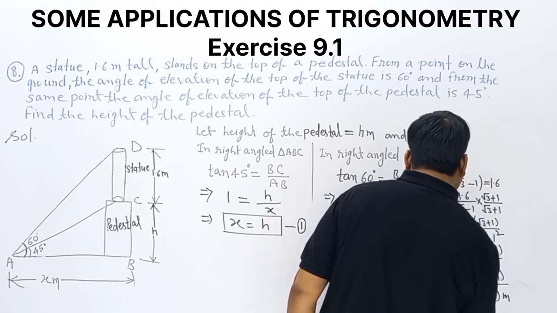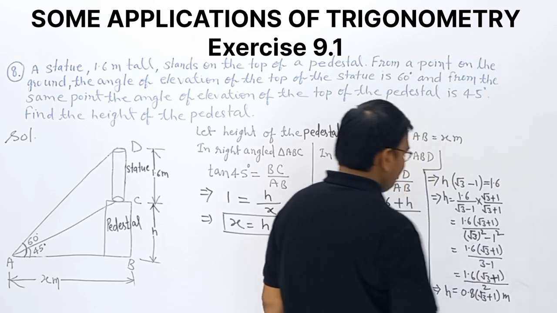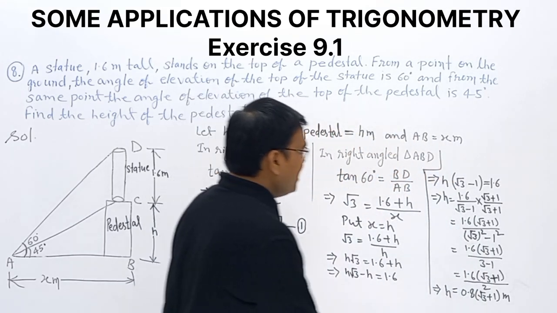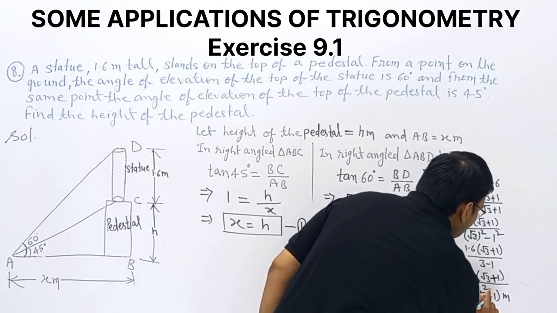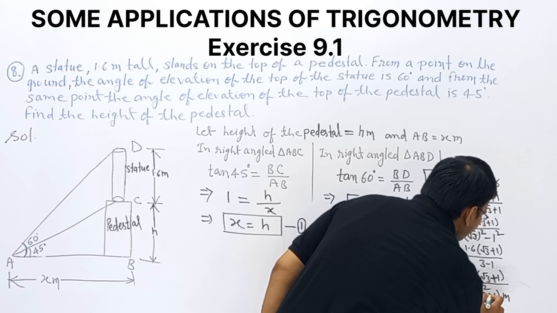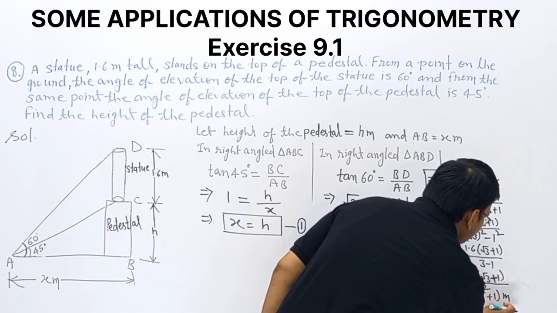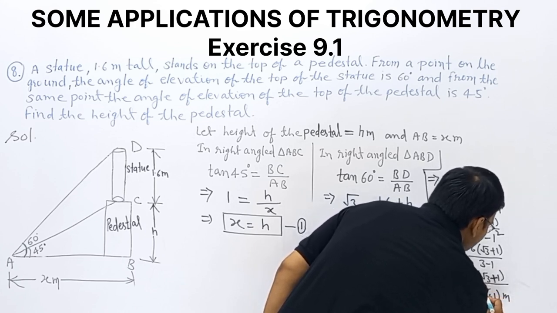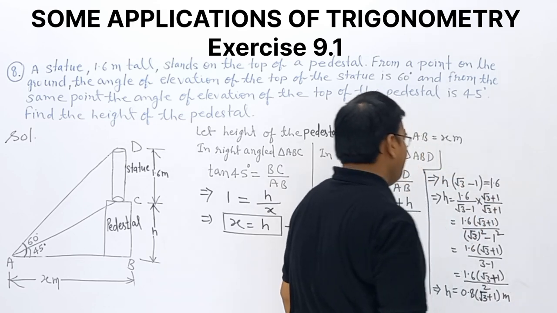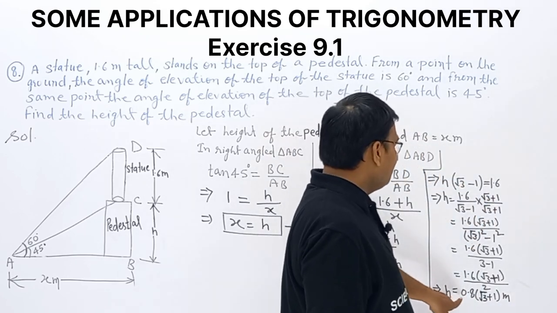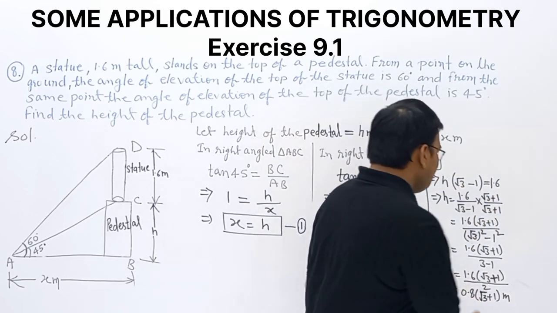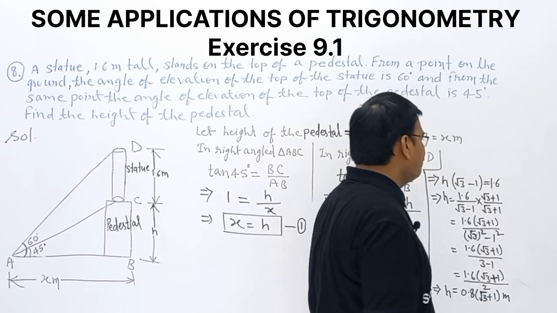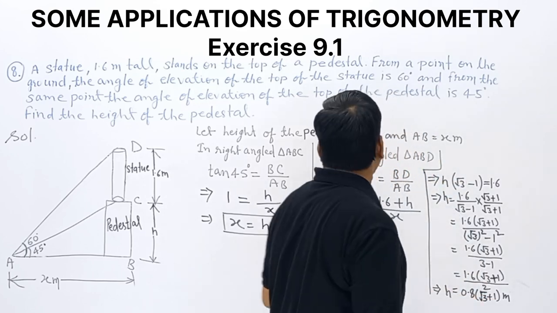So this will be the H value, and H is the height of the pedestal. This will be the required answer. Sorry, H will be 0.8 into square root of 3 plus 1 meter.